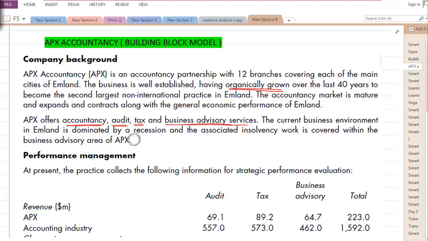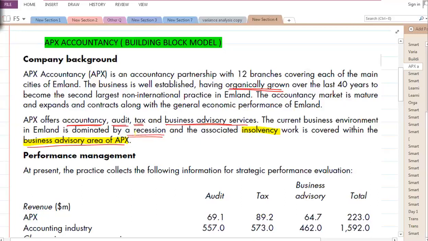the current business environment in England is dominated by a recession and the associated insolvency work is covered within the business advisory area, right? Now, business advisory area is going to cover insolvency. Remember, we have four services: accountancy, audit, taxation, and business advisory, right?